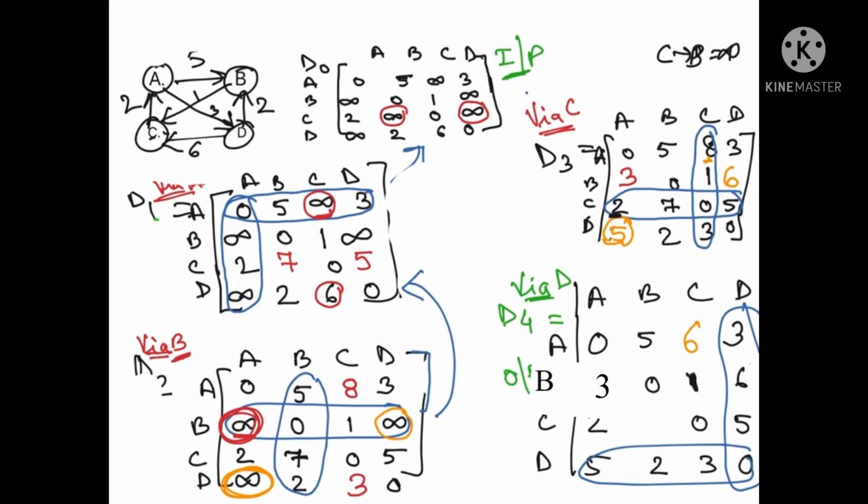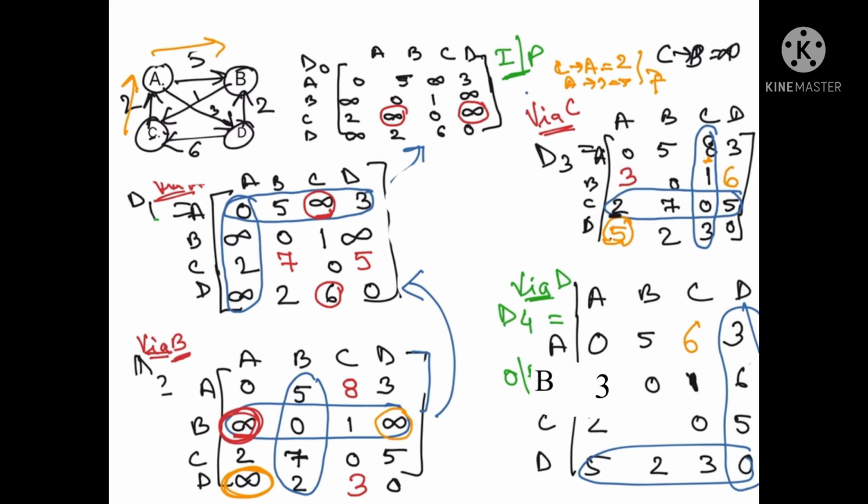Then C to A, and A to B: C to A is 2, A to B is 5, and you have to reach B. So 5 plus 2 will be 7.